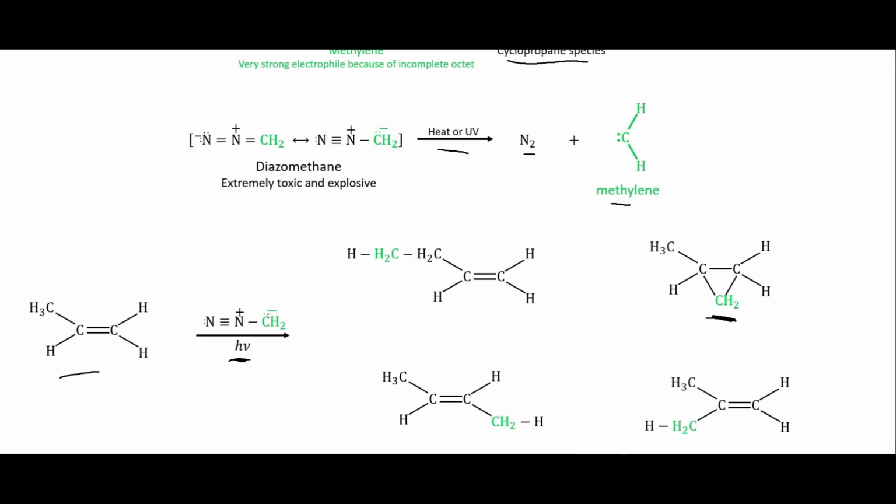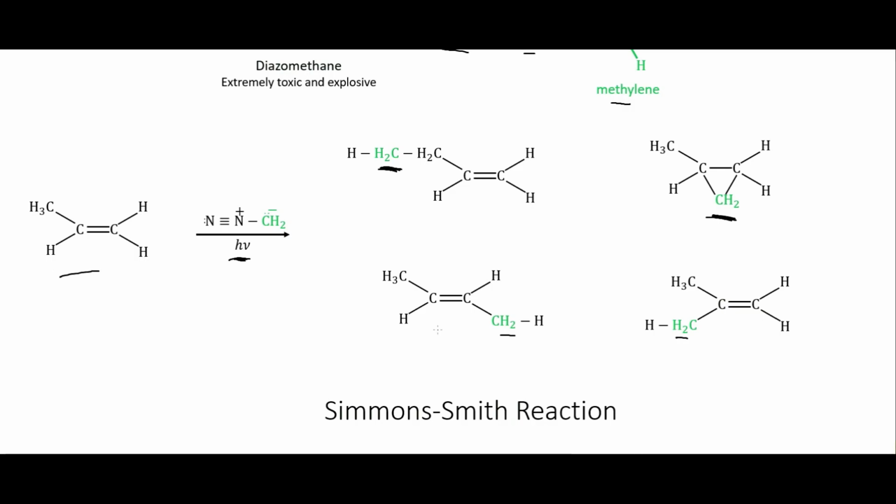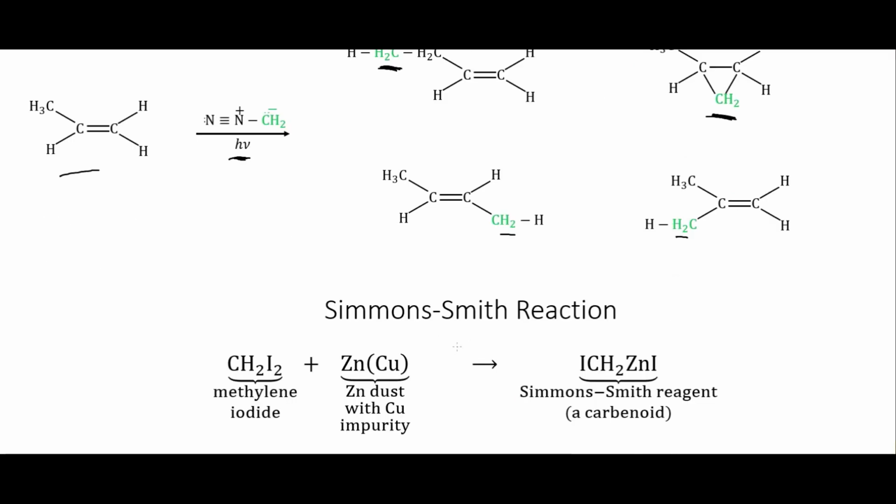We're also going to have this carbene add onto these other carbons. So we can get it adding right here, we could get it adding right here or right here. And so we can get a bunch of different side products from this that we don't actually want. And so we need to come up with some other way of adding these cyclopropanations on here.